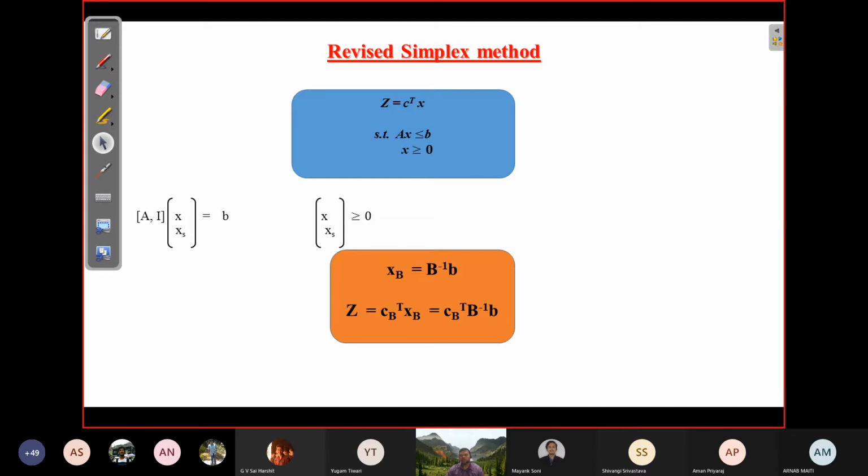And when you are choosing the leaving basic variable, what do you need? You need only the entering column, the column for the entering variable, and the right hand side. Then you will be able to perform the minimum ratio test. So in this case also you do not need the entire table. And when you get the new solution by doing Gaussian elimination, you just change the entering column into the corresponding identity structure.